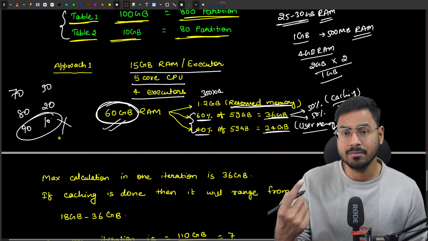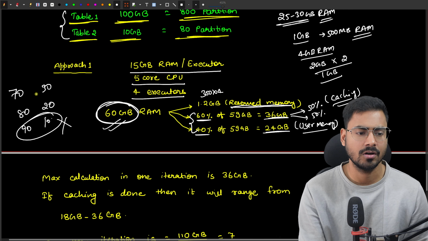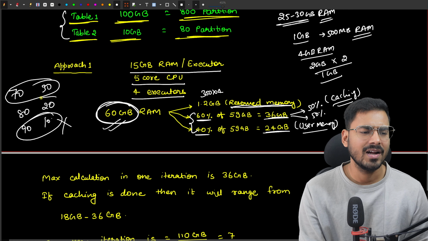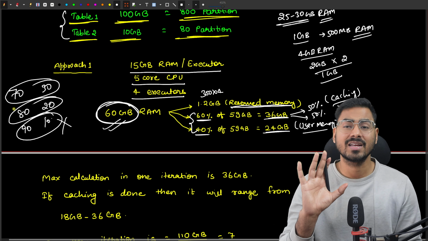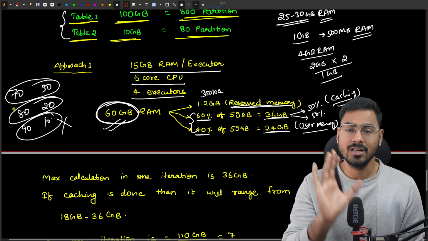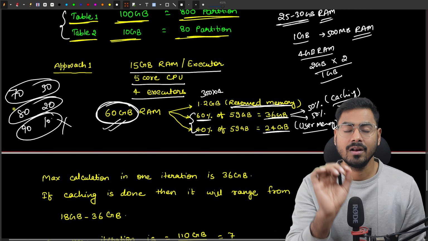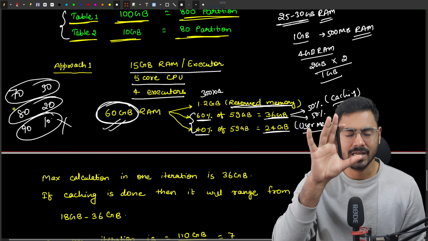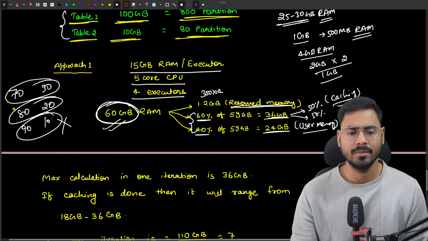Either it can give you out of memory or it can slow down your job. So 70-30, 75-25 or 80-20 can be tried here, but again no one knows which one will work better for the particular application you will be running.